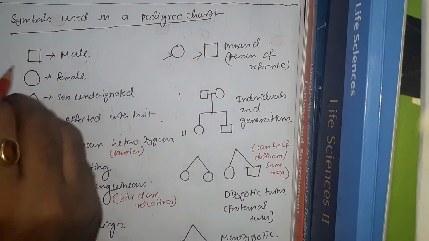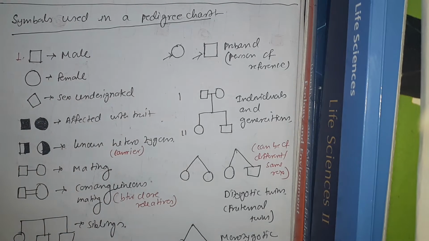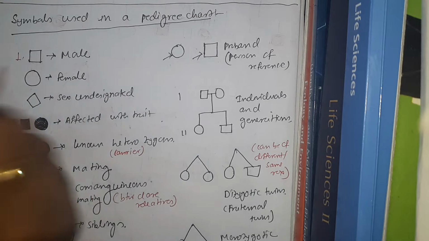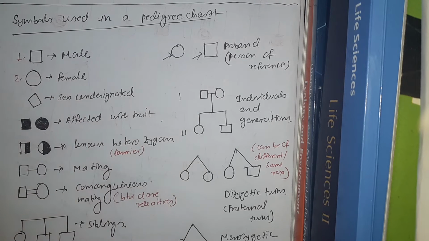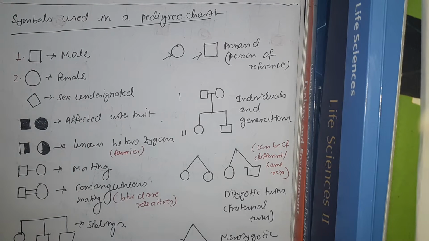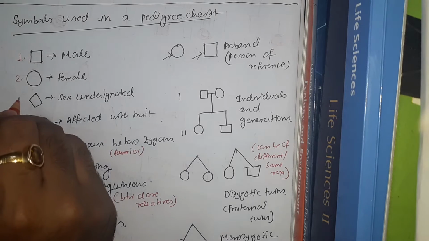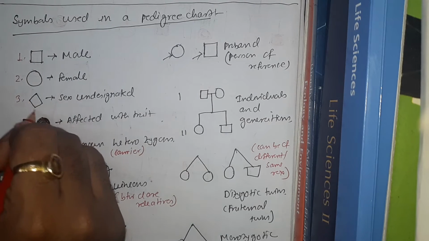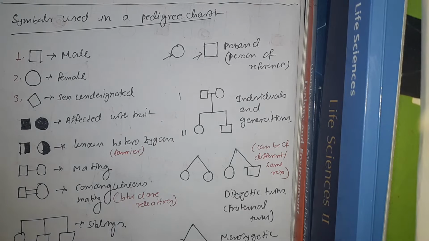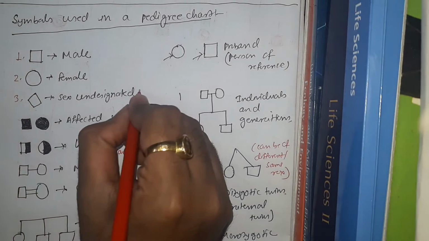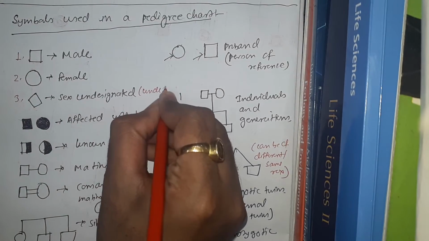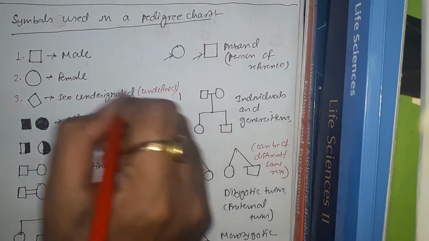Our first symbol is a box, which simply represents a male. If a circle is present in the pedigree, you can say this is a female. If you find a diamond-like symbol in the pedigree, the sex of that individual is undesignated, or undefined. This symbol is very rare.